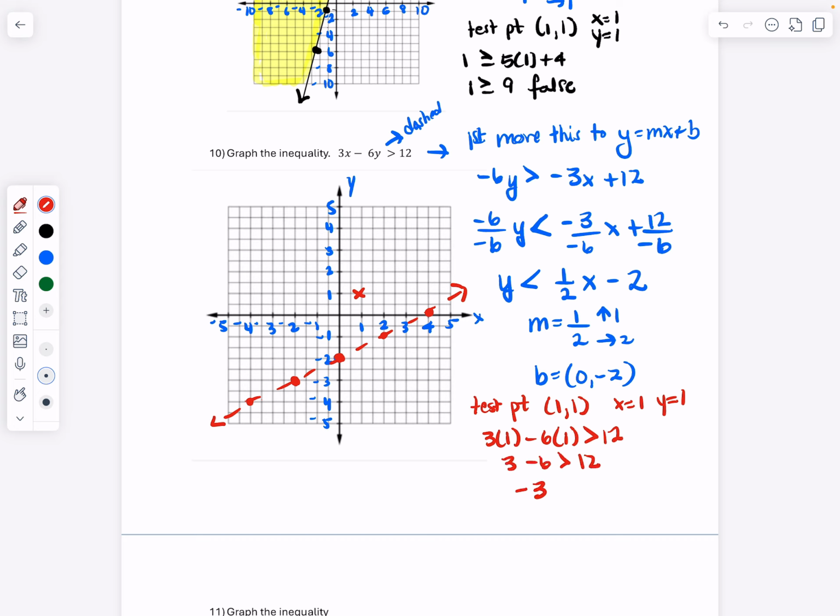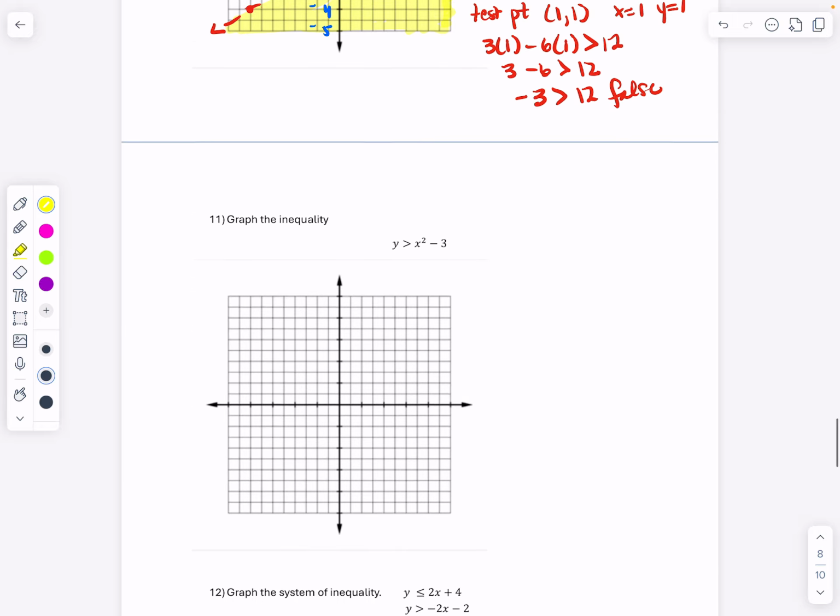That is false. So I do not shade above the line. I'm going to shade below the line. So my answer is here. That is question number 10.